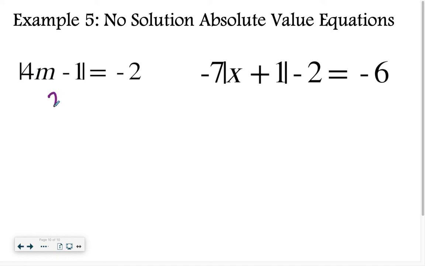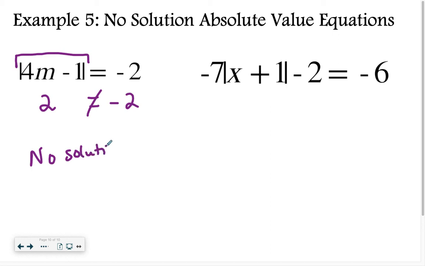So even if it equals a 2, the absolute value of 2 or negative 2 will never equal a negative 2. So if you ever have the absolute value of something equals a negative, this is called a no solution.